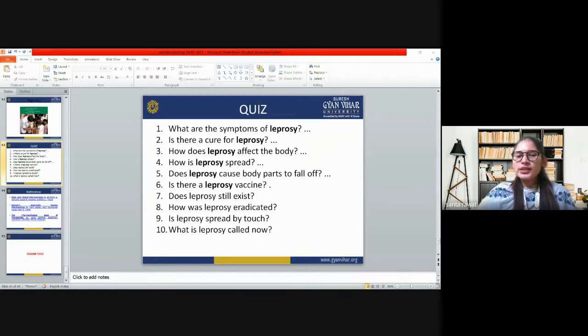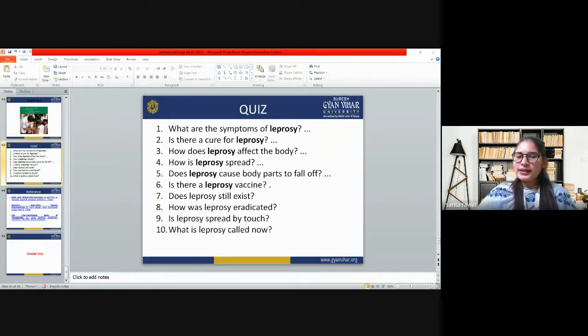So the next question is, does leprosy cause body parts to fall out? So the answer included, there is no current leprosy vaccine that provides full protection against the disease. However, there is a leprosy vaccine called Mycobacterium indicus pranii, which we call MIP in short, which has been developed in India and is being used by the Indian government as part of its leprosy control program.